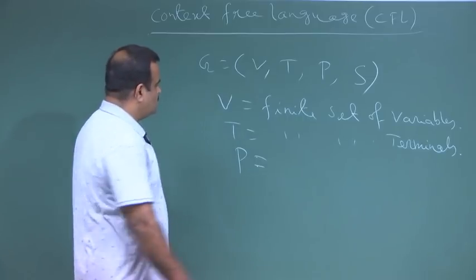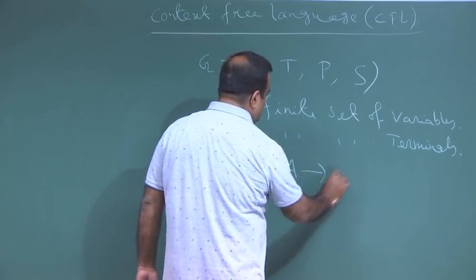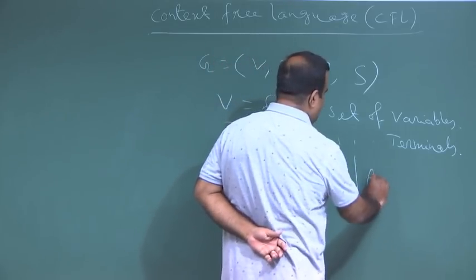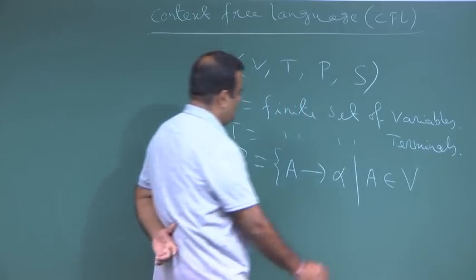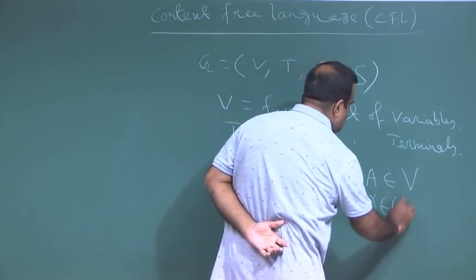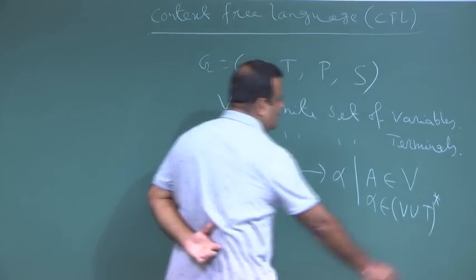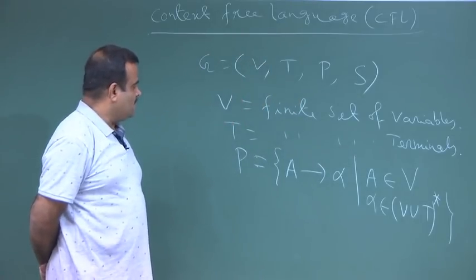P is the productions. P will be of this form: the set of all such rules A going to alpha, where A is a variable and alpha is a string which consists of variables and terminals.